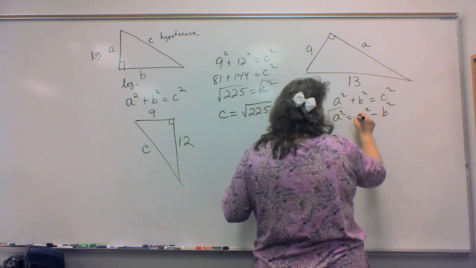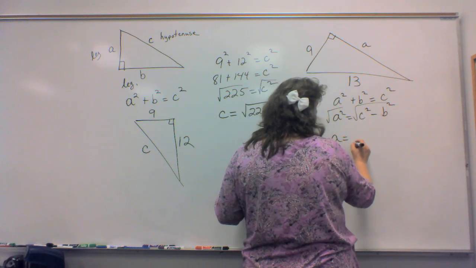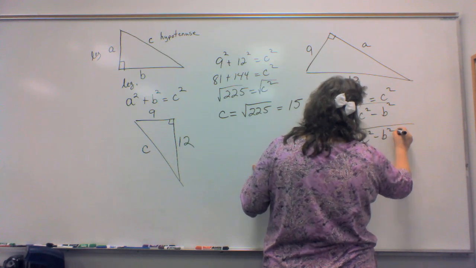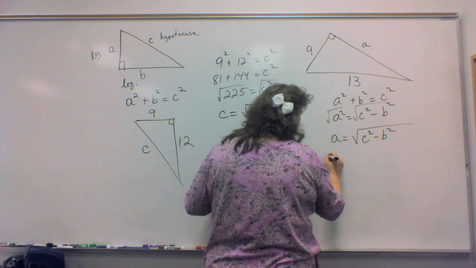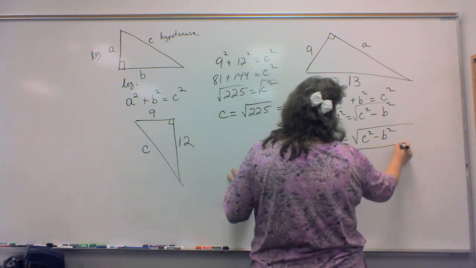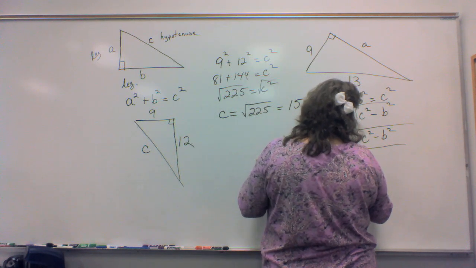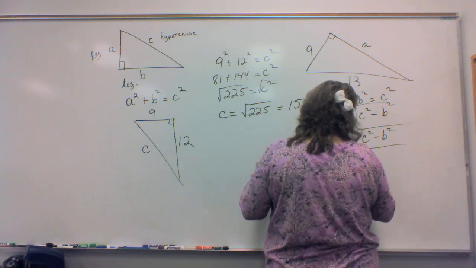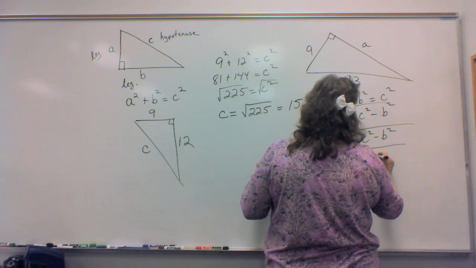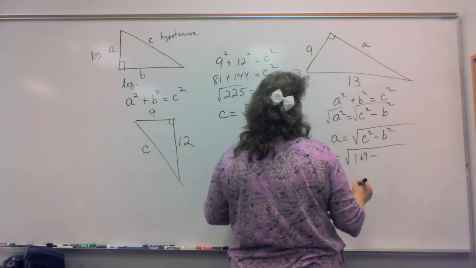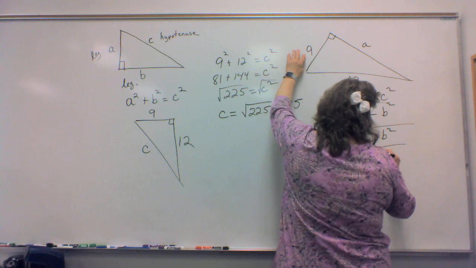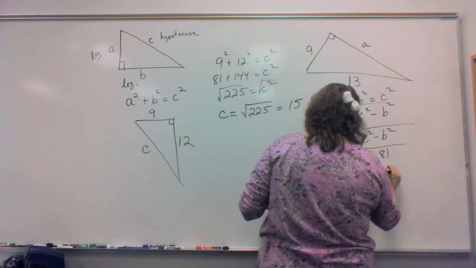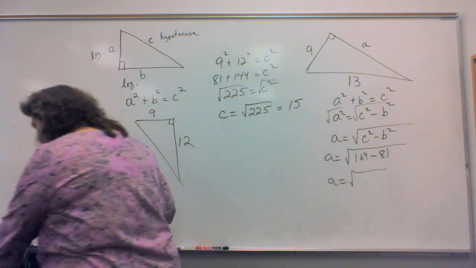I could take the square root and get a is equal to the square root of c squared minus b squared. Well, a is going to equal the square root of 13 squared, which is 169, minus my b squared, which is 81. So a is going to equal the square root of 88.